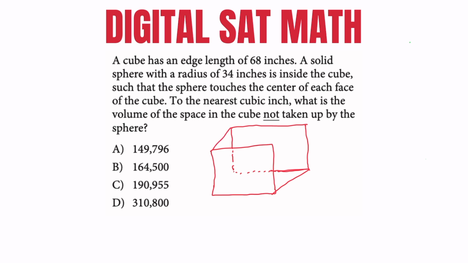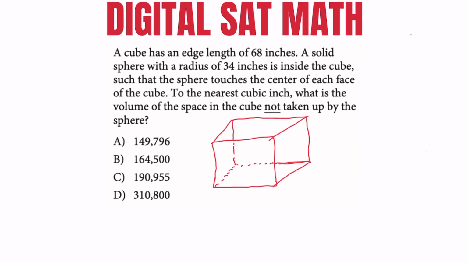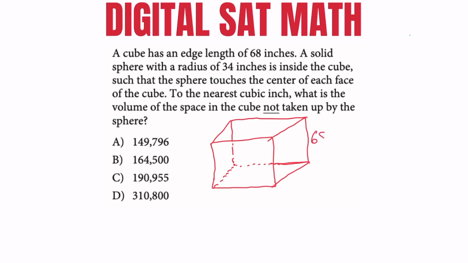Let's connect these. So this will make up a cube. So one side of the cube is 68 inches. So all the sides are 68 then. You know that cube has 68, 68, 68. So we will try to draw a sphere inside.